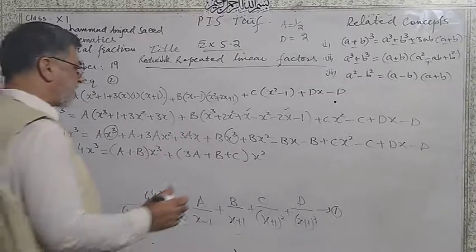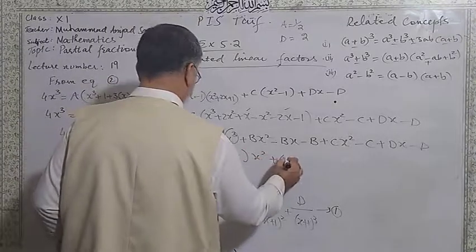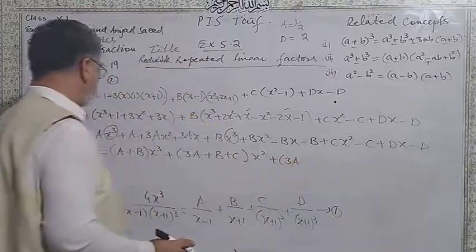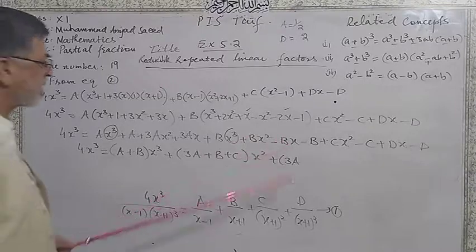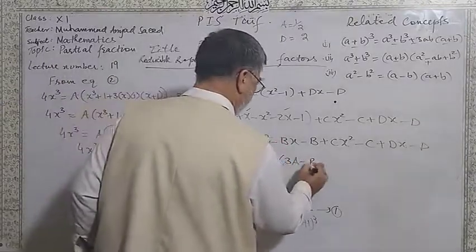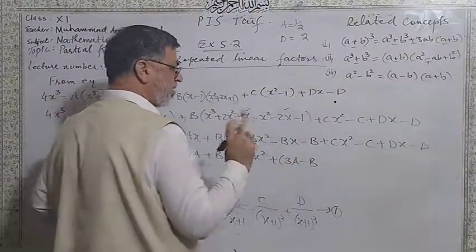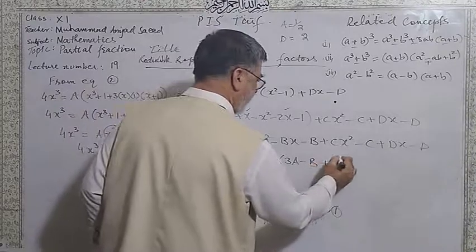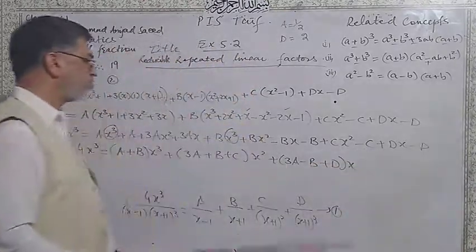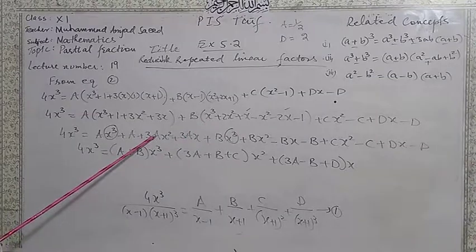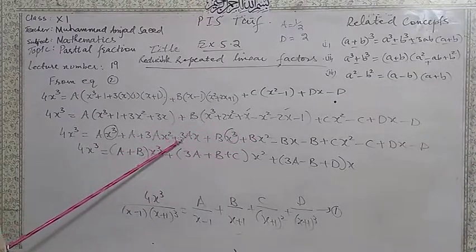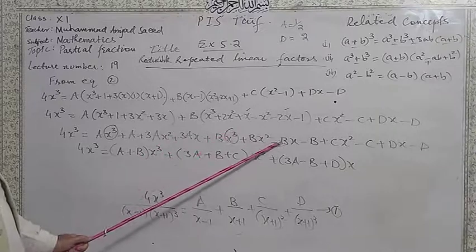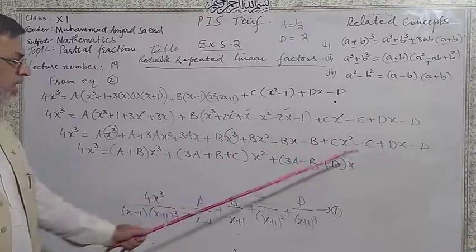Similarly, in case of x, you will write down 3a, this is 3a, x term, here is minus bx, minus b, collecting x terms and taking x common, plus 3a, this is plus 3a, minus b, plus b into x.